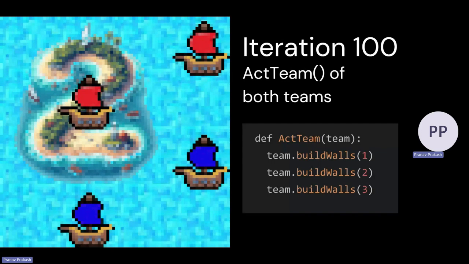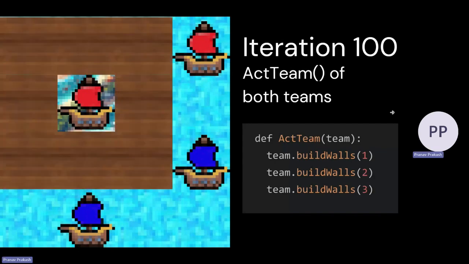This is because the blue pirates do not have sole occupancy of island 2. In fact, it is the red pirates that have sole occupancy of island 2. So if we also assume that they have all the wood they need and the cooldown is over, the red pirates will be able to build a wall on island 2. So when the red act team function is called, build walls 2 will successfully complete and the red team will have built a wall around the island.